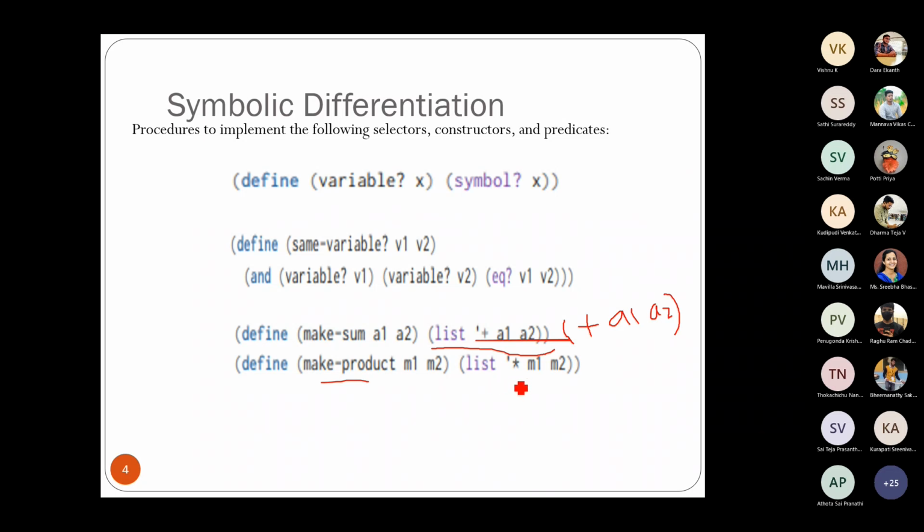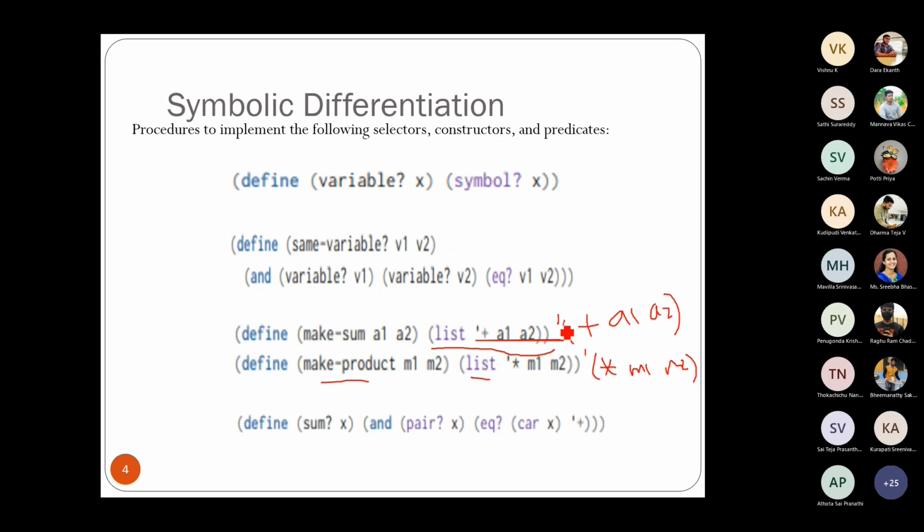We have to construct a list with star as the first operand, and then M1 and then M2. So this list you have to construct. By using the list keyword, you are constructing this one, isn't it?